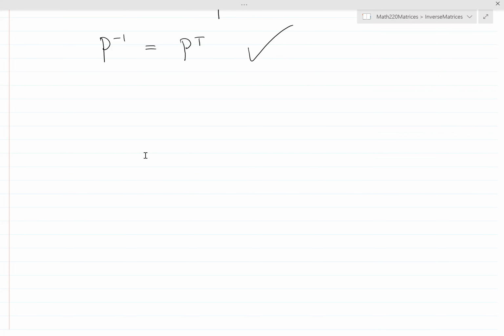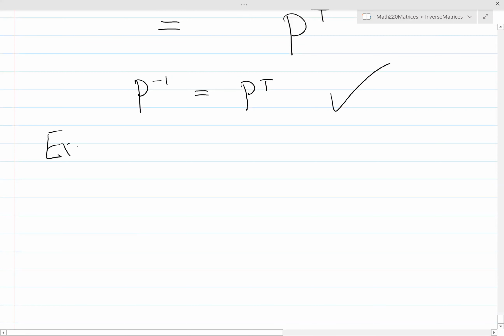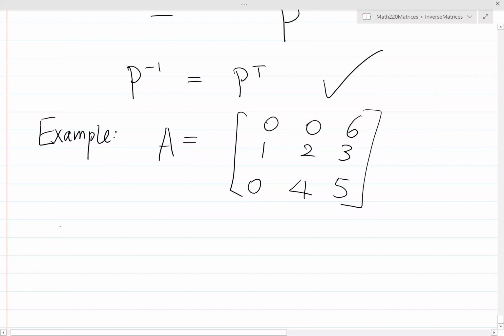Suppose we have this A. Let's see this example. Suppose A is this matrix. We want to make this A upper triangular. So this is not upper triangular. So the question is, which permutation do we need to do?